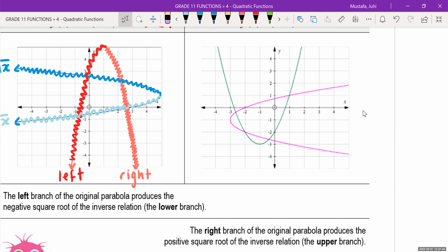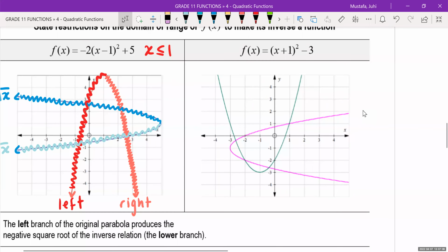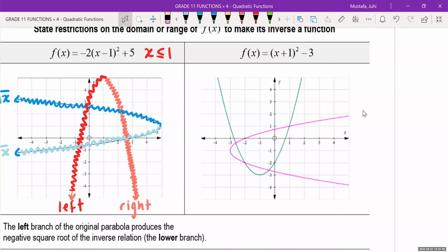So if I wanted my inverse to be a function, I have to restrict the domain. What that means is, let's say in the original question, I said, I only want you to draw x is greater than or equal to -1. So I only want you to draw this right-hand side of your parabola.